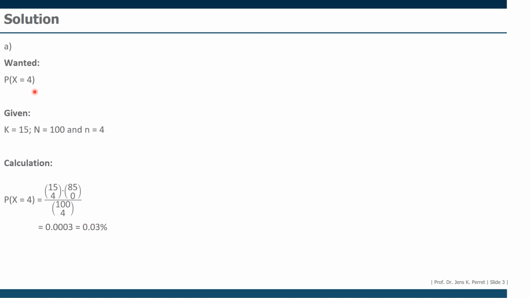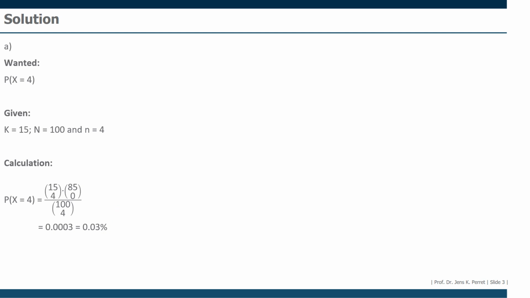So in total, the probability that all 4 students we select will quit their studies is just 0.03%. So not 3%, but 0.03%, or 0.0003 if you write this as a number. So very, very small.